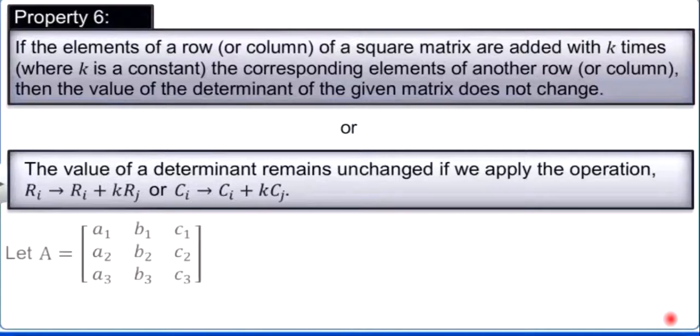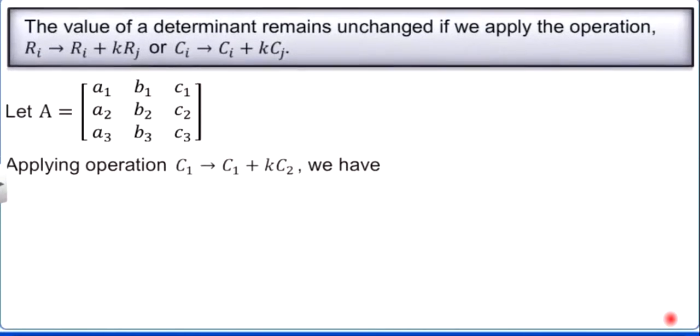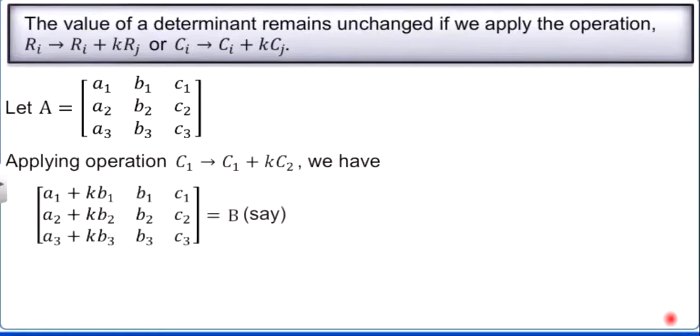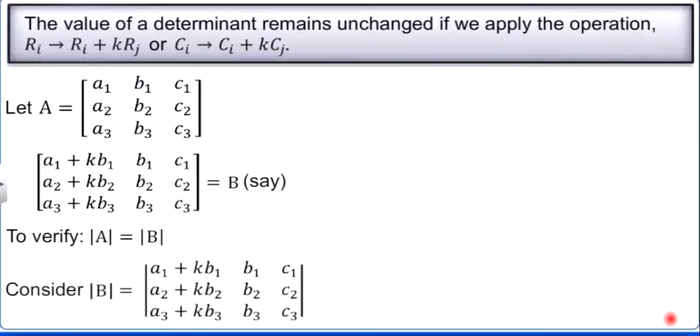For example, if we apply the operation C1 goes to C1 plus k times C2 to matrix A, the resultant determinant of matrix B has the same value as that of determinant A. Let's verify it by expanding the resultant determinant B. Take a look at determinant B. Observe that the elements in the first column are the sum of two terms.